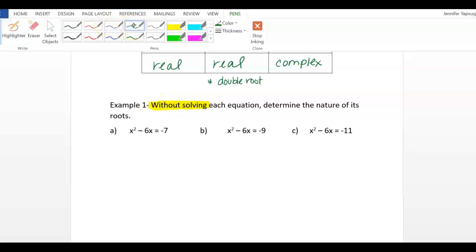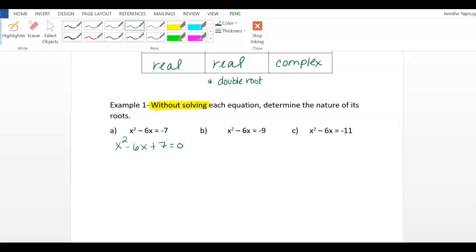In this example, we need to make sure the equation is in the form of ax squared plus bx plus c equals 0. So we need to move the -7 to the left-hand side, and we can rewrite this as x squared minus 6x plus 7 equals 0.